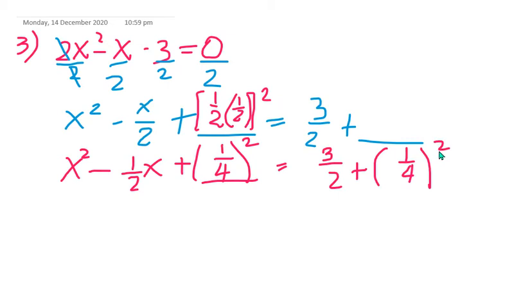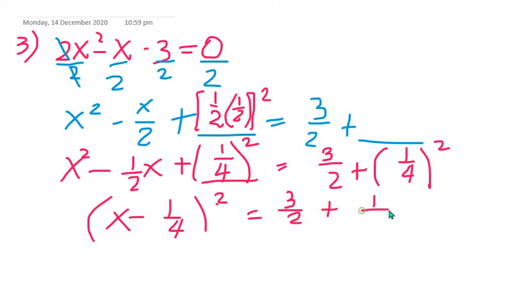So therefore we have now x minus, so what did you add? 1/4. Then you square this, equals 3 over 2 plus 1 over 16. Okay, so we're going to simplify this.